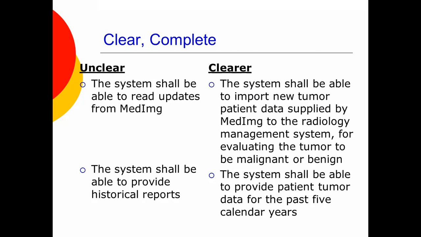Now you can see, with MAD image, you are using some software, and we are getting medical images. Suppose we are using an MRI machine. Then how will we retrieve the data from the body? The system shall be able to import new tumor patient data supplied by MAD image to the radiology management system, for evaluating the tumor to be malignant or benign.